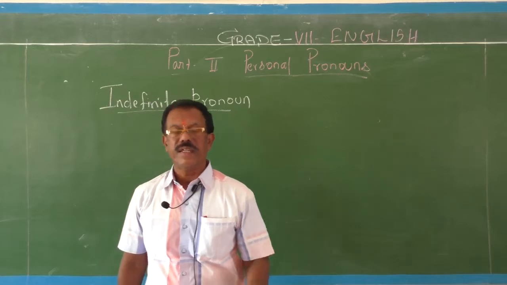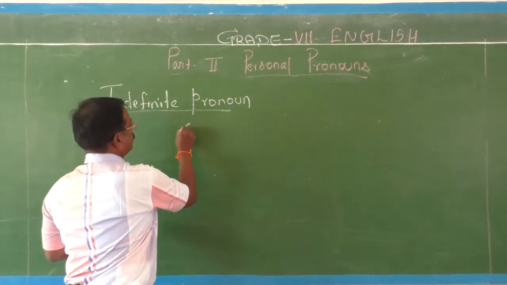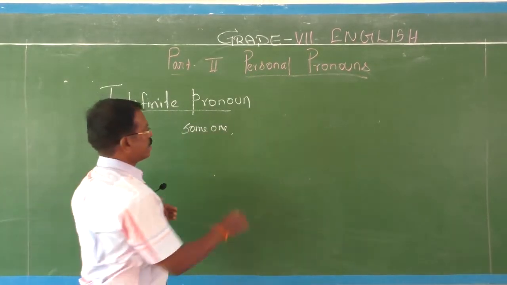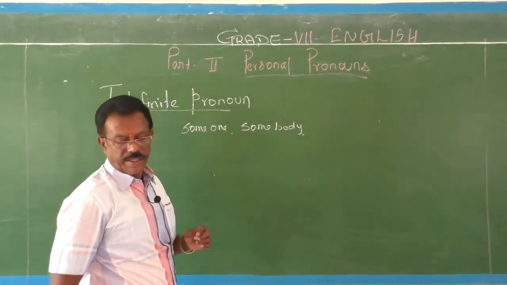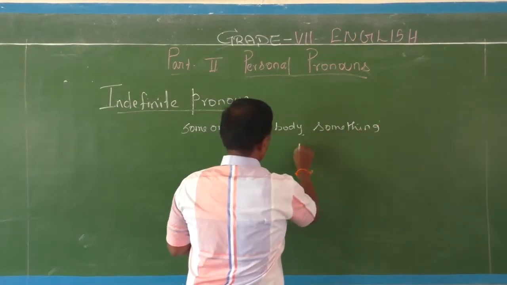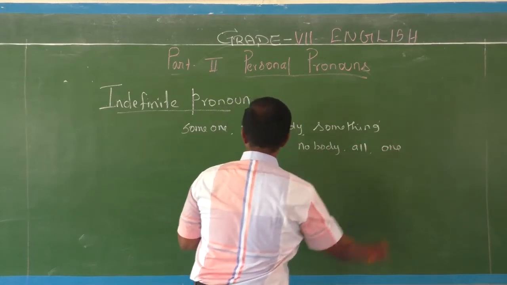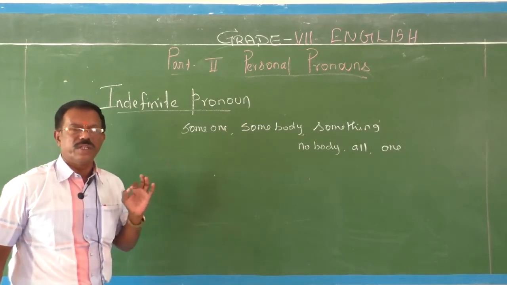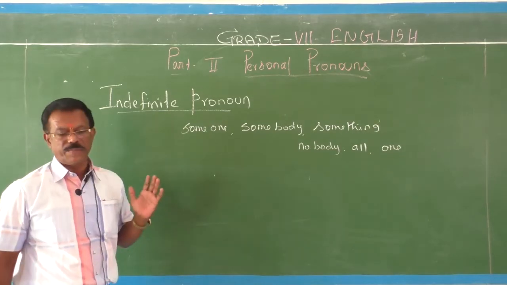Pronouns like someone, somebody, something, nobody, all, one. They are called indefinite pronouns because they don't refer to anything particularly. They just refer to things in general. Therefore, they are called indefinite pronouns.